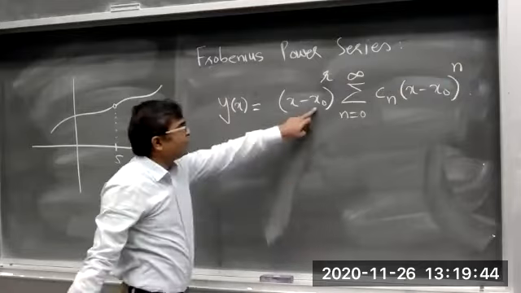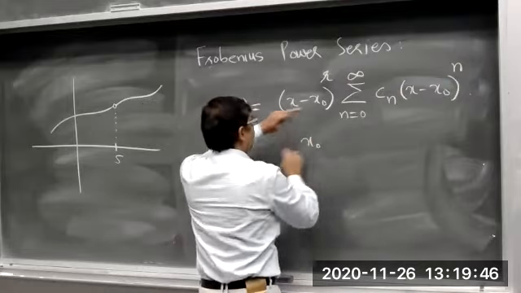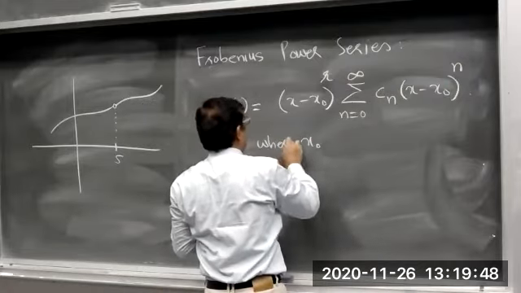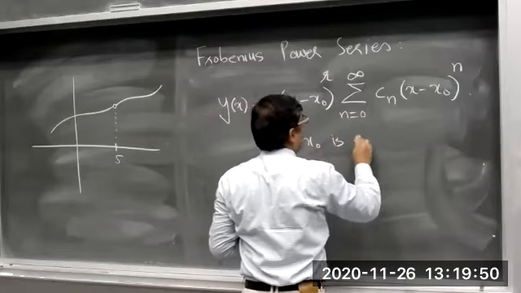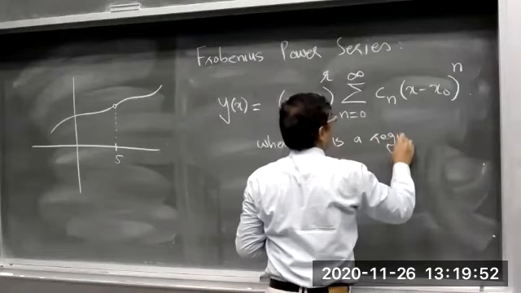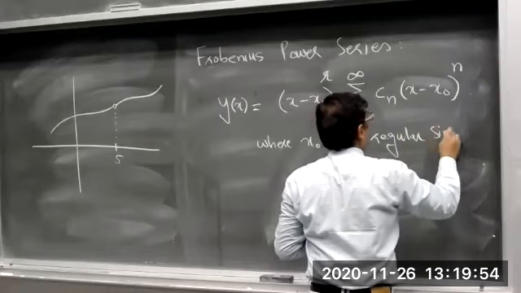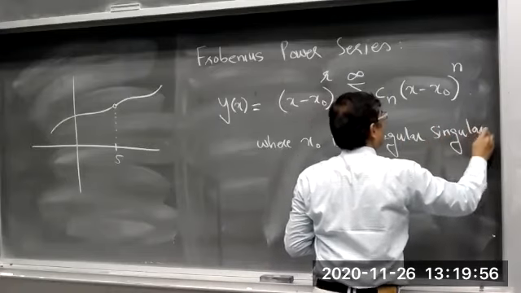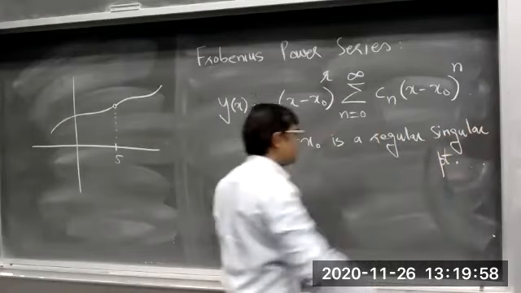Now, where x naught is what? x naught is a regular singular point. Okay.